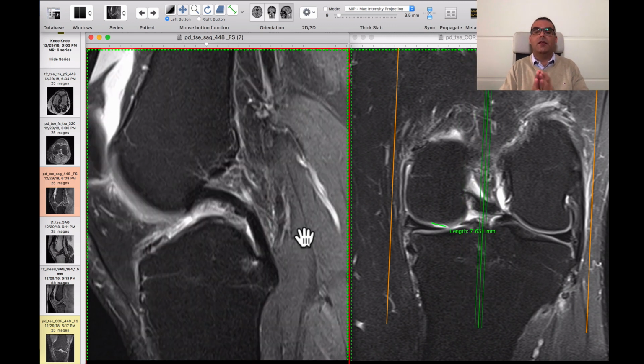Of course, this is correlated with the management, because the management decision would rely on the size of the ulcer, on the depth of the ulcer, and the status of the subchondral bone. So in such a case, they may have a conservative treatment decision.